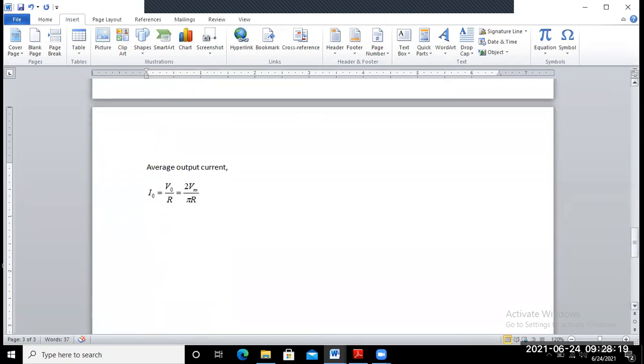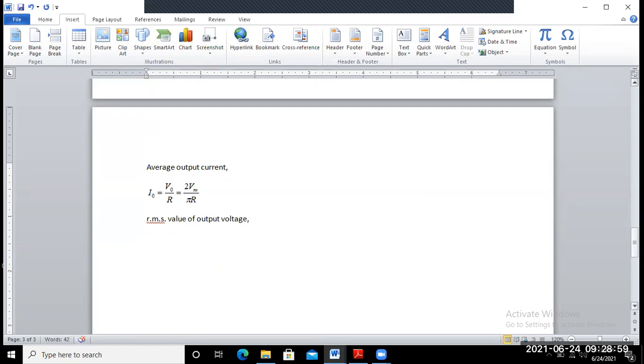So similarly, we can find the RMS value of output voltage. How can we find the RMS value of output voltage?